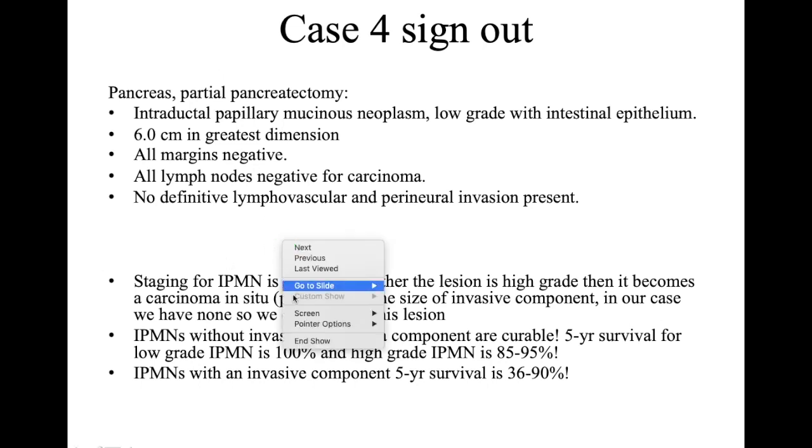In our case, the lesion was low grade. So it's not a carcinoma in situ, so that is really good news for the patient. But if it's a carcinoma in situ and if there's an invasive component, then we would have to stage the lesion.